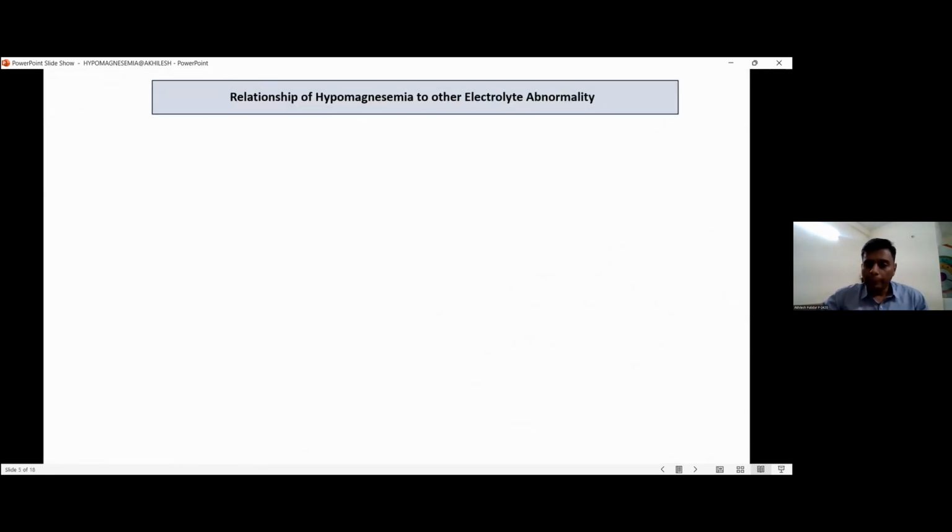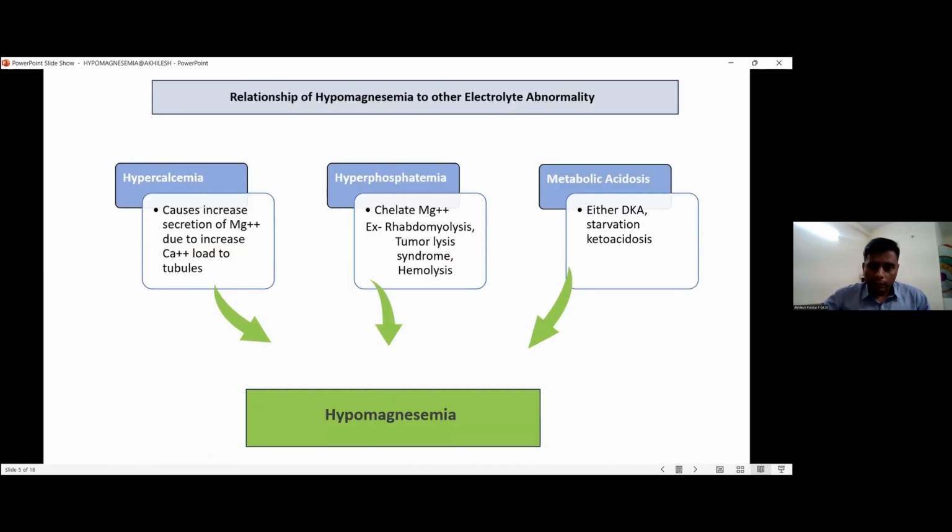So, how is magnesium related to other electrolyte abnormalities? There are three electrolyte abnormalities, hypercalcemia, hyperphosphatemia, and metabolic acidosis, which cause hypomagnesemia. When hypercalcemia is there, it increases magnesium secretion because of the increased calcium load to the tubule, so magnesium will be lost in urine.